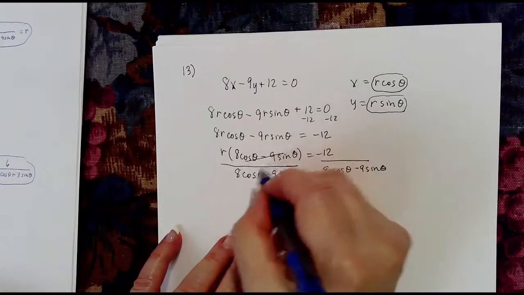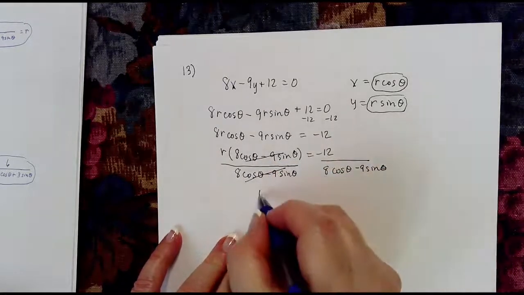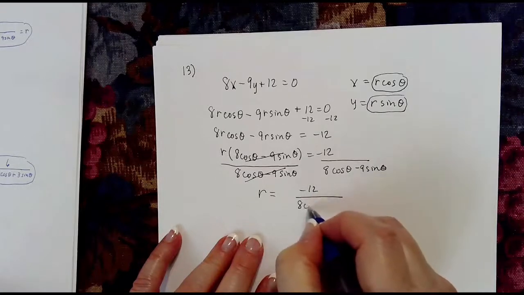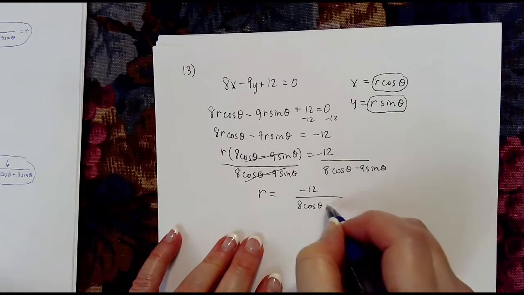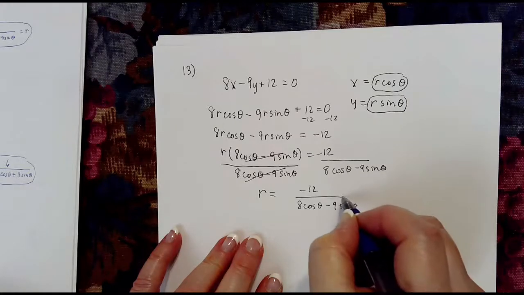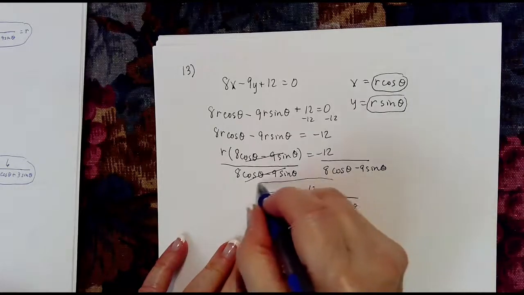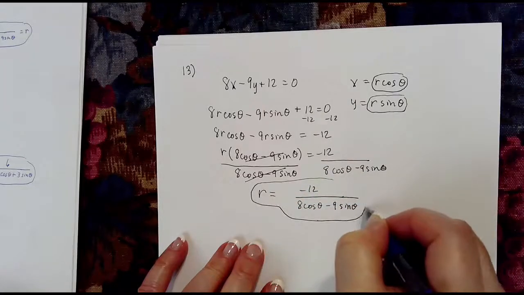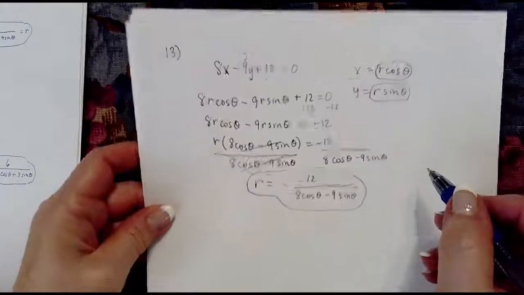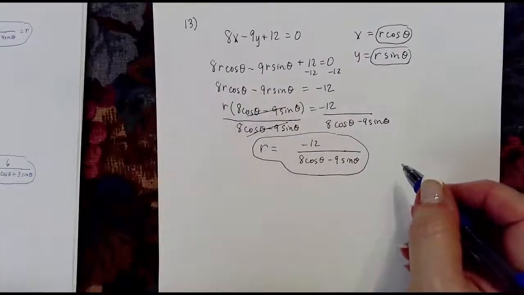So this is going to cancel with this, and we're left with r equals negative 12 over 8 cosine theta minus 9 sine theta. And this would be my equation. So everybody okay on 13?